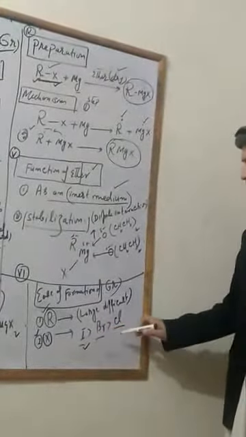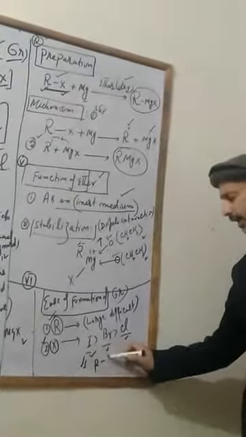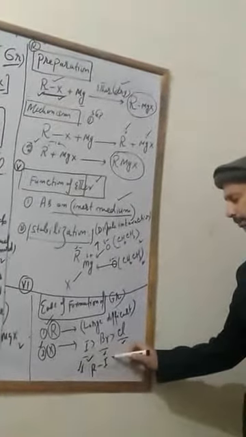Therefore, the order of reactivity will be: alkyl iodide will be more reactive in the preparation of Grignard reagent than alkyl bromide, and this will be more reactive than alkyl chloride. Sometimes in exams you will be asked, what is the order of reactivity? So this is the correct order: alkyl iodide is more reactive than alkyl bromide, which is more reactive than alkyl chloride.